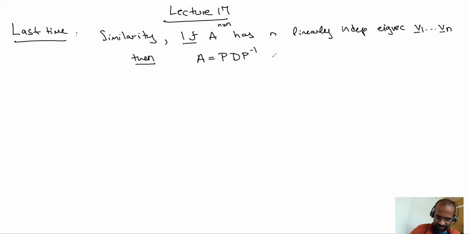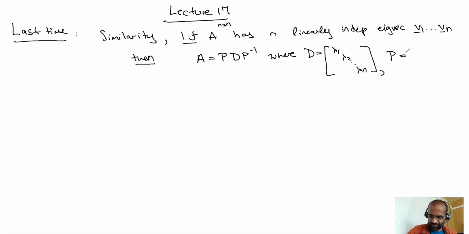So A is similar to a diagonal matrix where the entries of the diagonal matrix are the corresponding eigenvalues. And the similarity P is just the matrix containing the eigenvectors v1 through vn. These eigenvectors correspond to eigenvalues lambda 1 through lambda n.